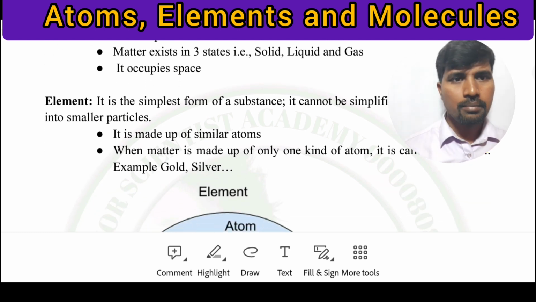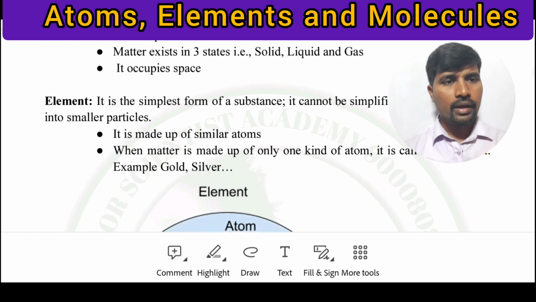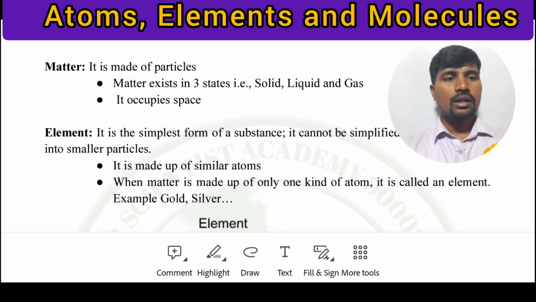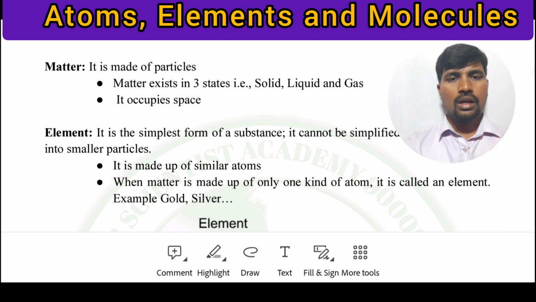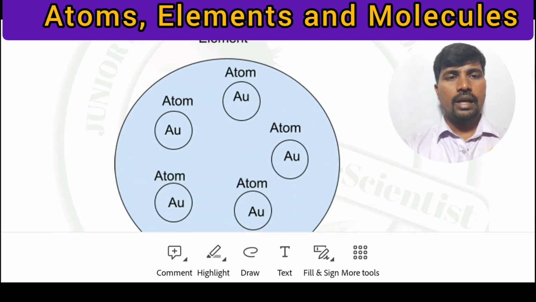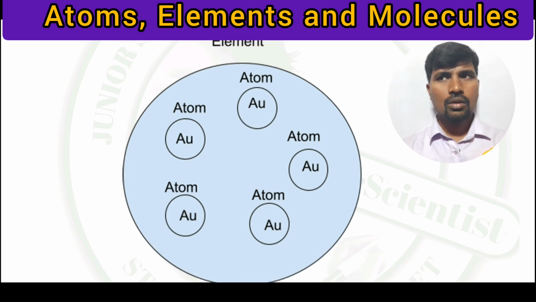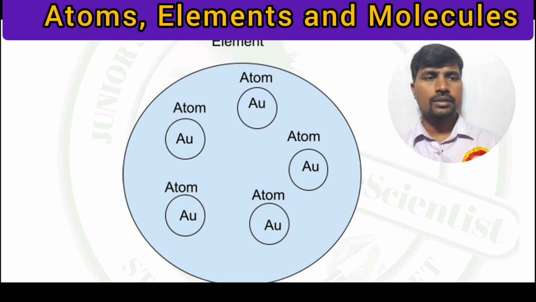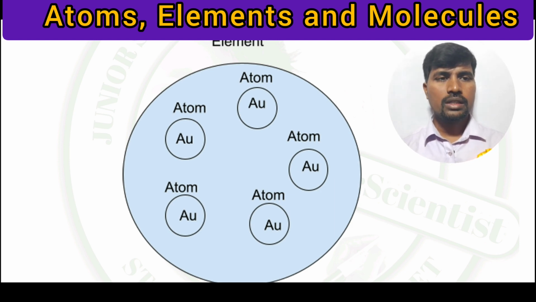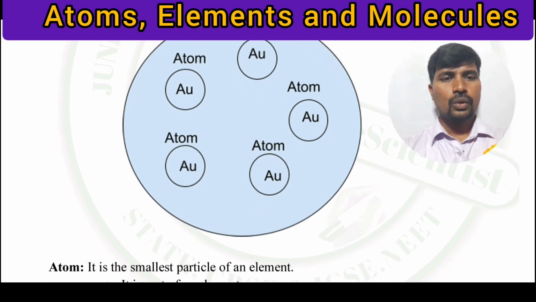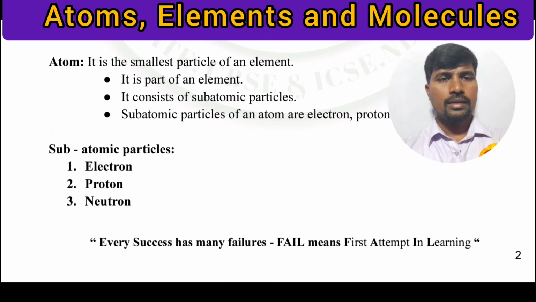When matter is made up of only one kind of atom, it is called an element. Gold and silver are examples. I have given a Venn diagram below for element and atom. Element consists of a group of similar atoms. If we take gold, it contains gold atoms; if we take silver, it contains silver atoms. So A means atom and this is gold.